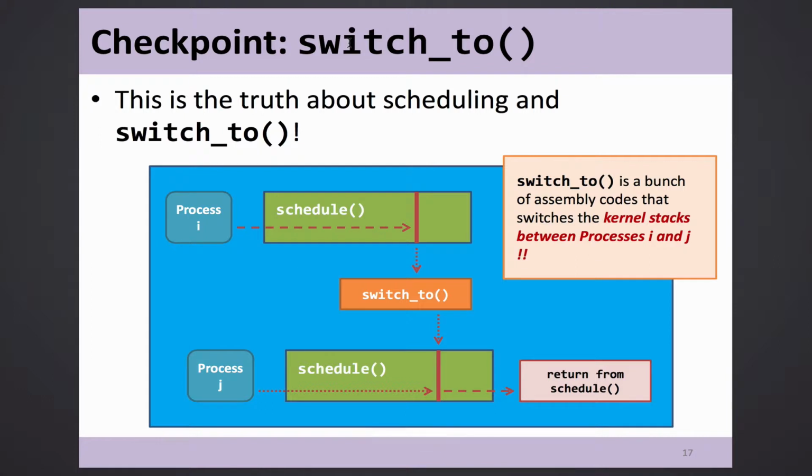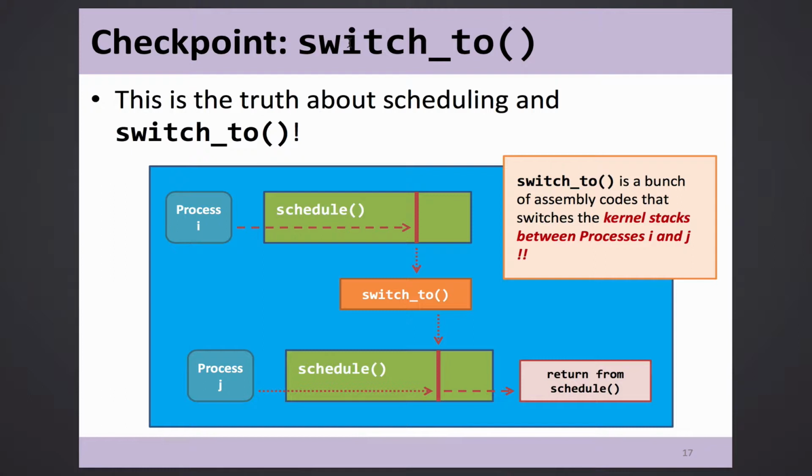The theme-based animation does the following. Let's say currently we have a process, and I don't know why, maybe you get an interrupt or your quantum has just run out. Then you will go into the schedule function, the scheduler. The scheduler goes through the big O of n steps to look for which process to be selected next.